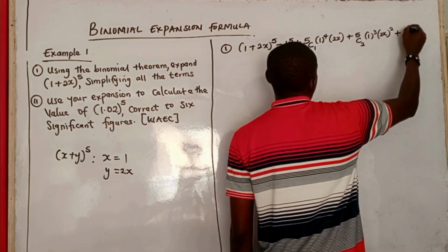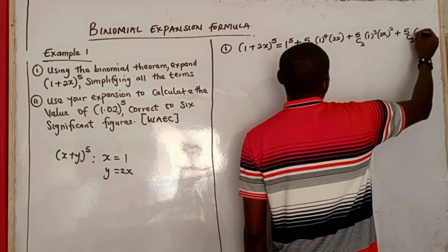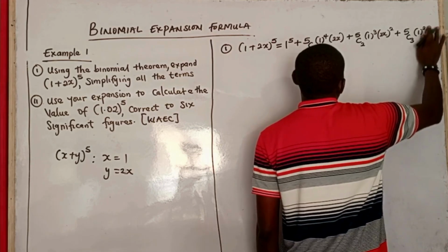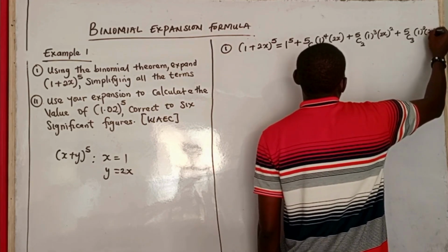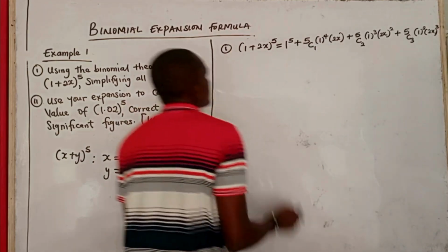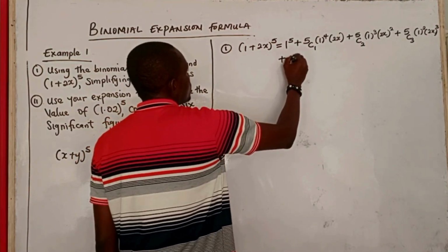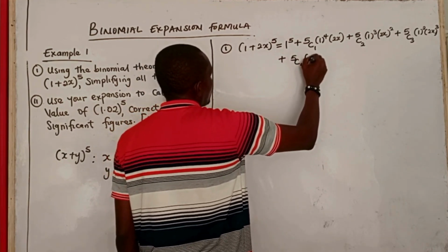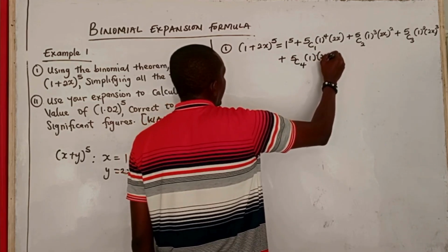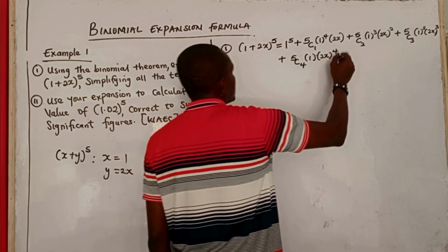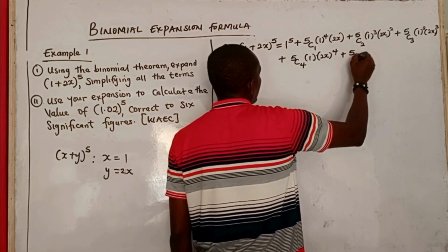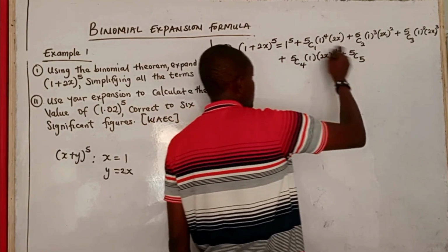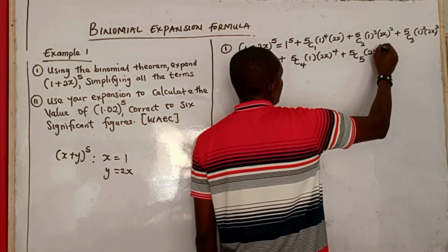Likewise, we have 5 choose 3, 1 to the power of 2, then 2x to the power of 3. And then we have plus 5 choose 4, then 1, and then 2x to the power of 4. And then the last one is 5 choose 5, where the power of 1 now becomes 0, and we have 2x to the power of 5.